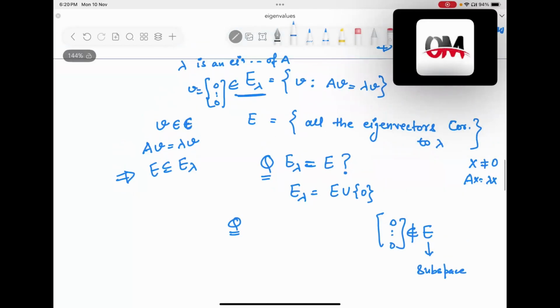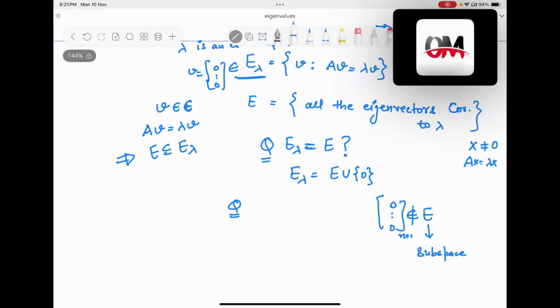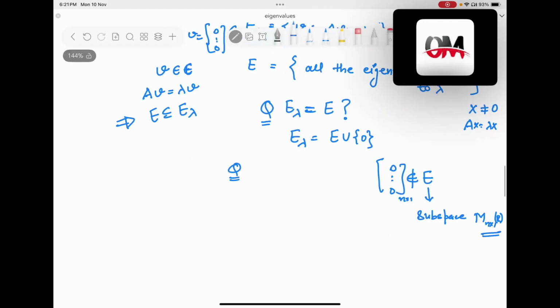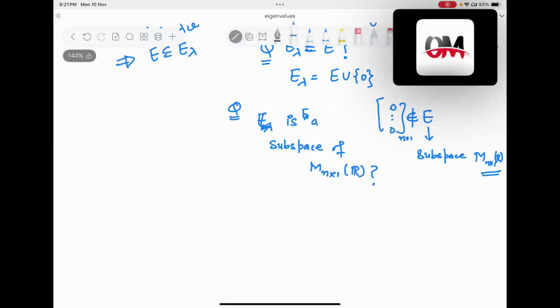Since all the vectors in E are n cross 1, they are M n cross 1 matrices. Either you choose R or C, whatever you are taking. So E is not a subspace of M n cross 1 matrices, right? The question is whether E lambda is a subspace of M n cross 1 matrices over R or over C. What can you say about this?